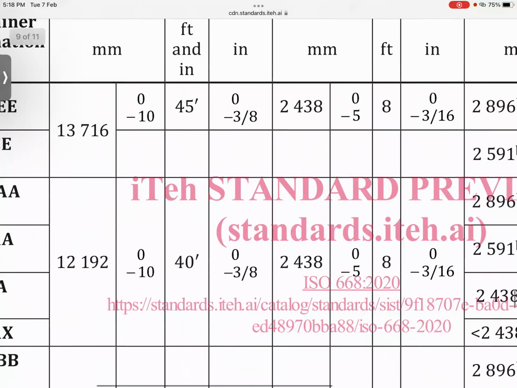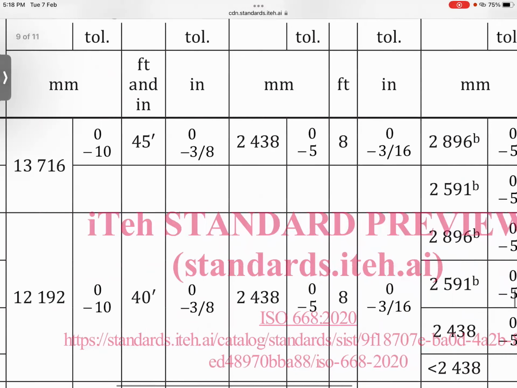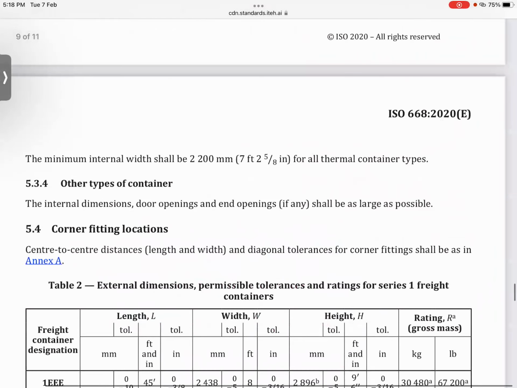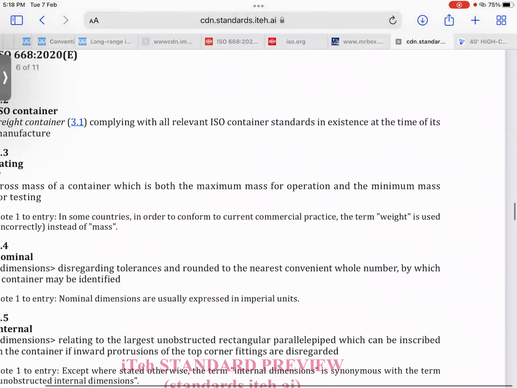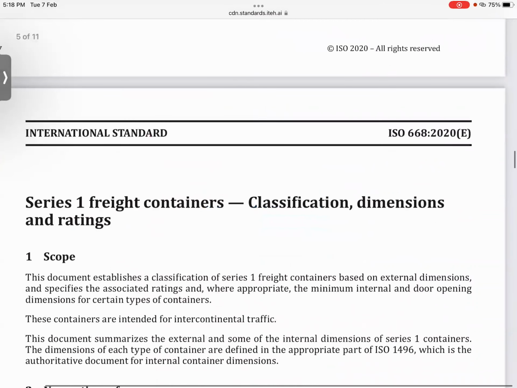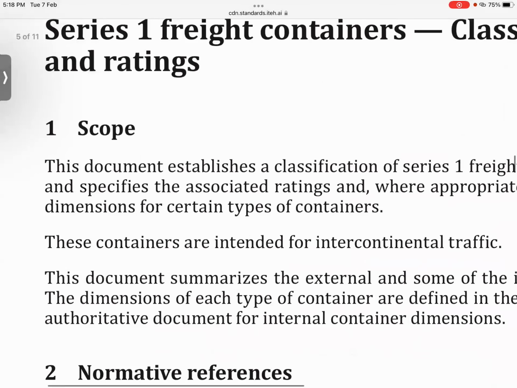Same way, there is a tolerance for your length also. -10 means 1 centimeter, it can be a little bit smaller. If it is not exact, you allow a little tolerance. And the circular number which I am teaching is, see, these are our series 1, intended for intercontinental traffic, meaning shipping containers which go from one country to another, from one continent to another.